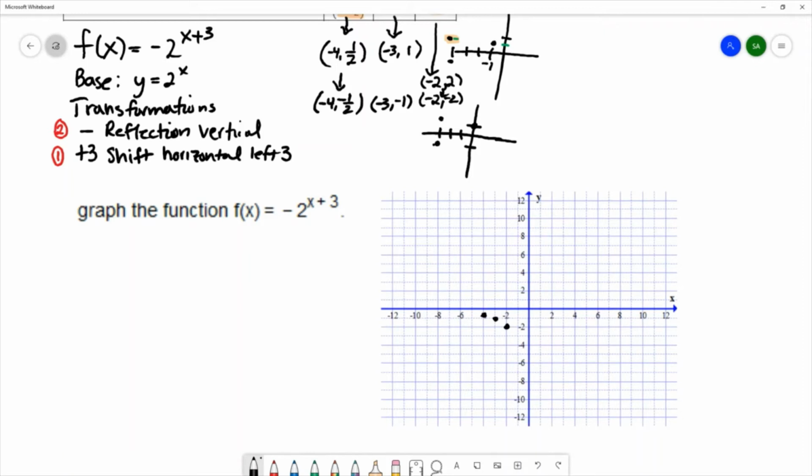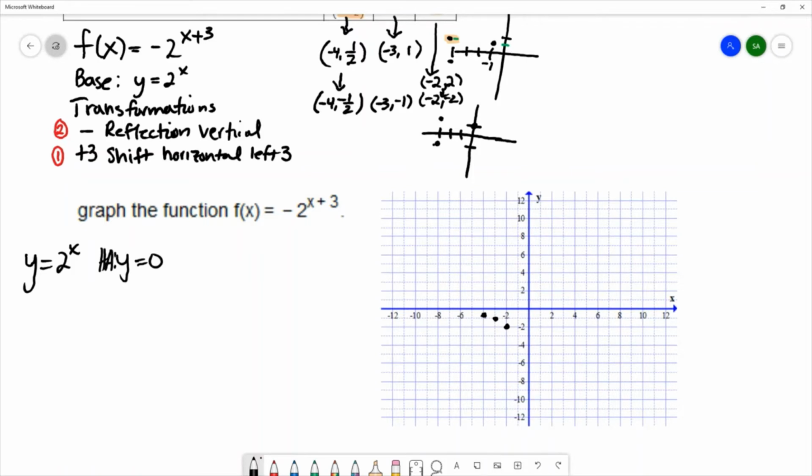So if we recall that exponential functions have horizontal asymptotes, and the original horizontal asymptote for y equals 2 to the x is at y equals 0.